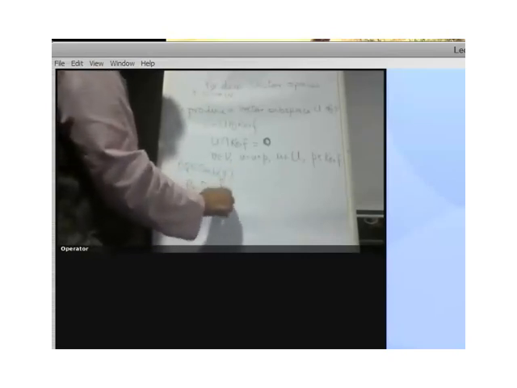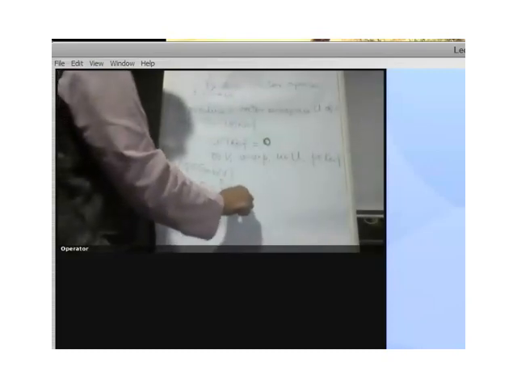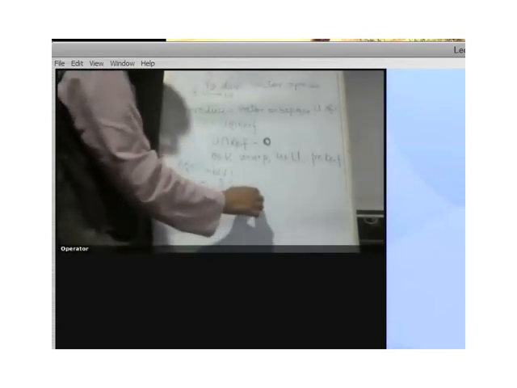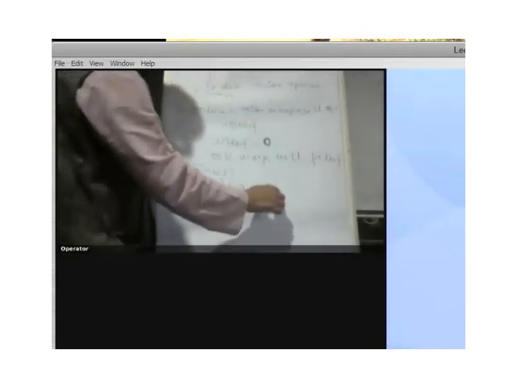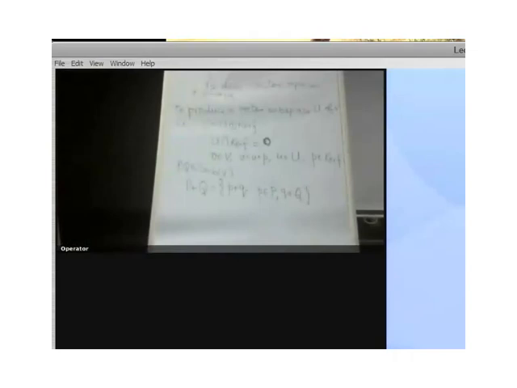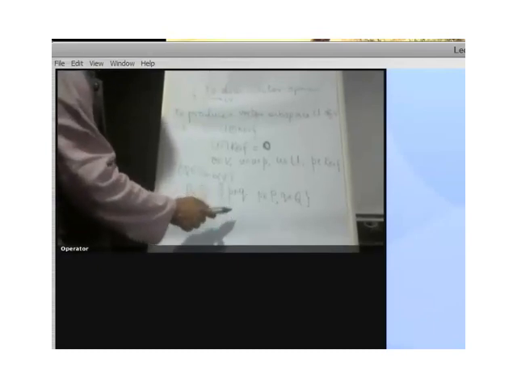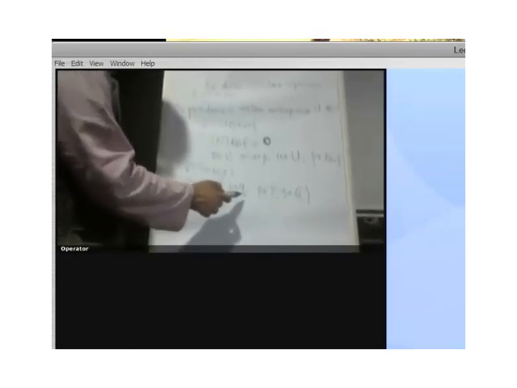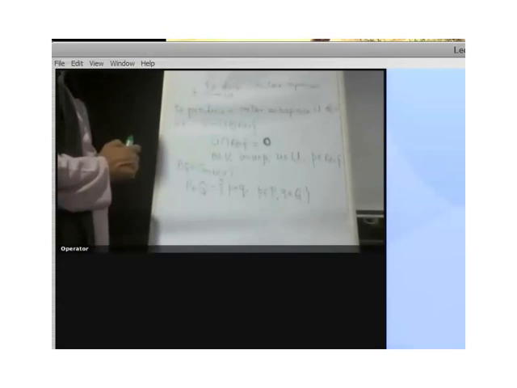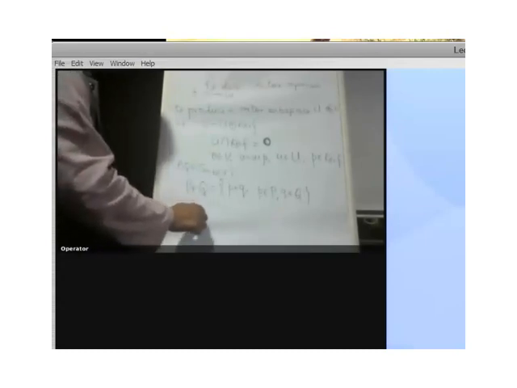P plus Q is the set of all vectors that can be written as an element of P plus an element of Q. And you have shown that this is a subspace.